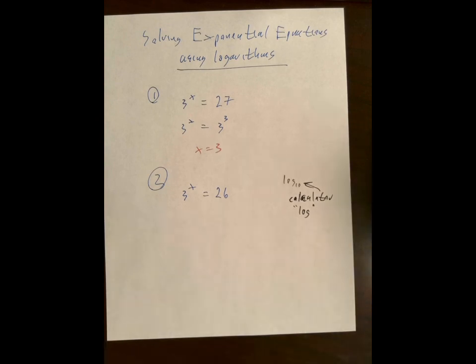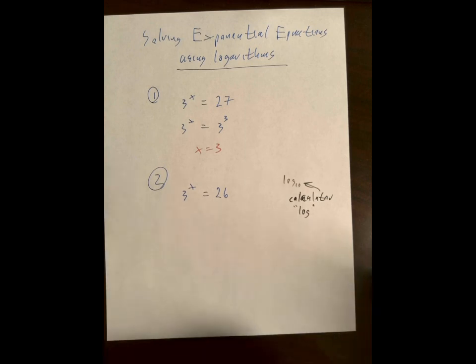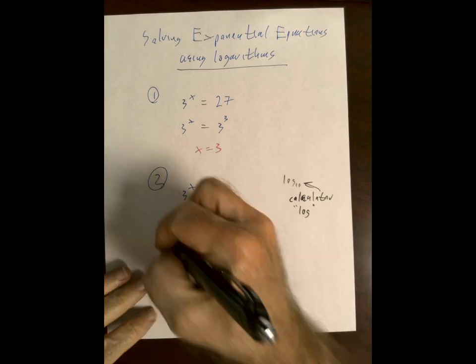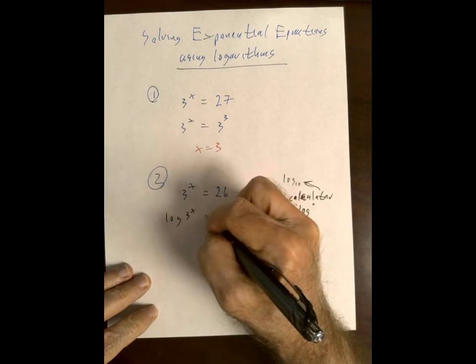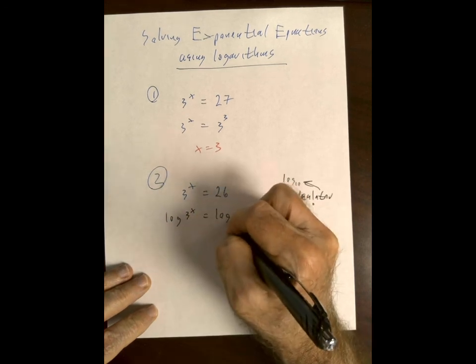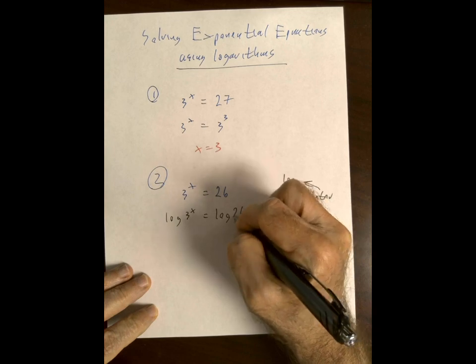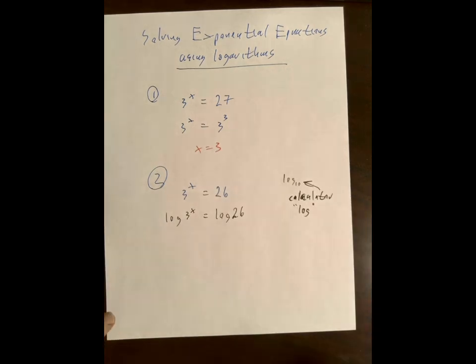I'm just simply going to log both sides, just like we might divide by 3 on both sides, or multiply by 3 on both sides, or divide by 10, or add 10, or subtract 10. I'm going to log base 10 on both sides, just like that. Okay?